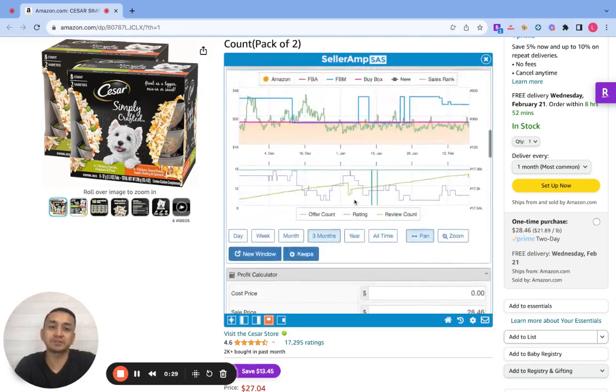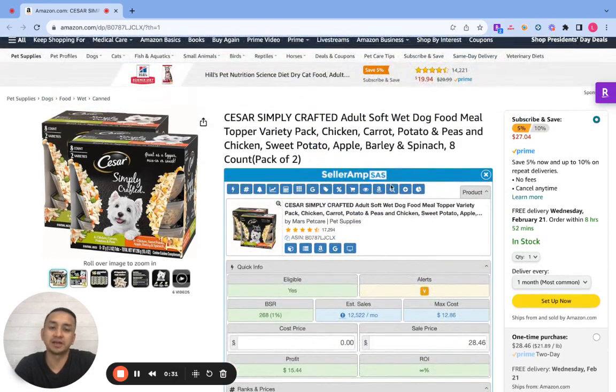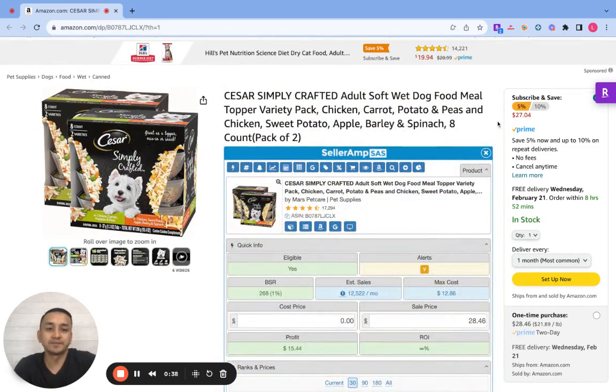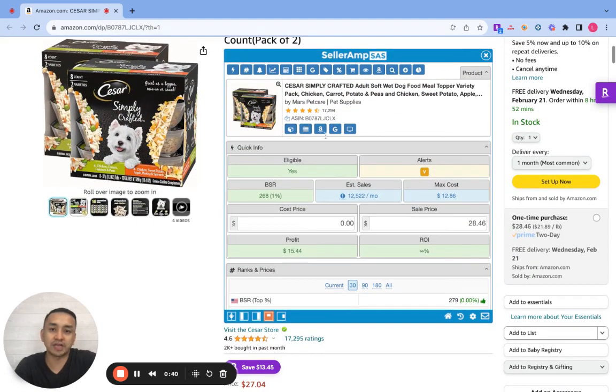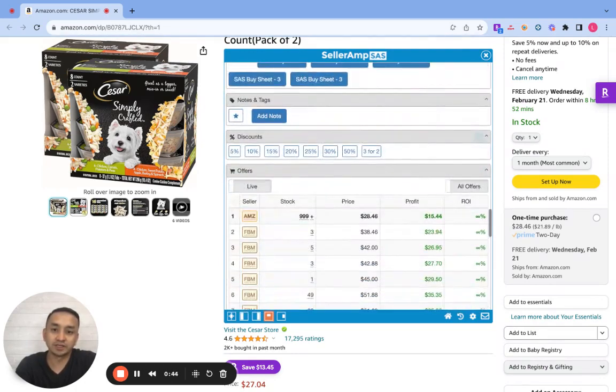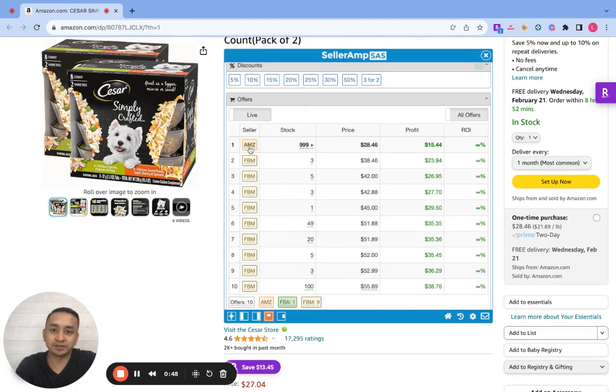And start this process by picking a product that you've sold in the past, right? So for example, this one is a product that I've sold in the past. And then from here, what I would do is I would go to SellerAmp and then go under offers right there. And then I would go under sellers and I would pick a seller with, I want to say like 100 or less ratings.